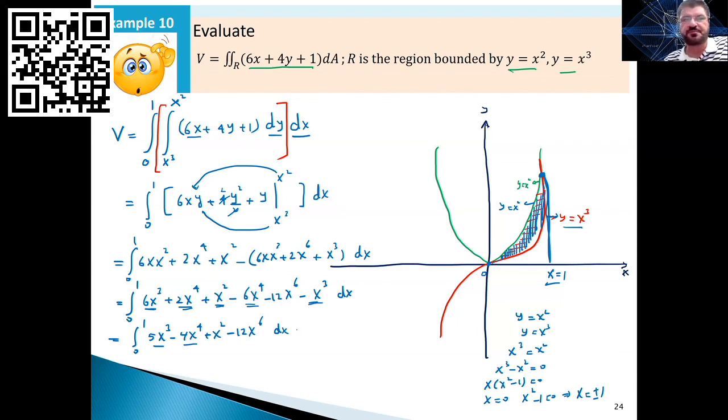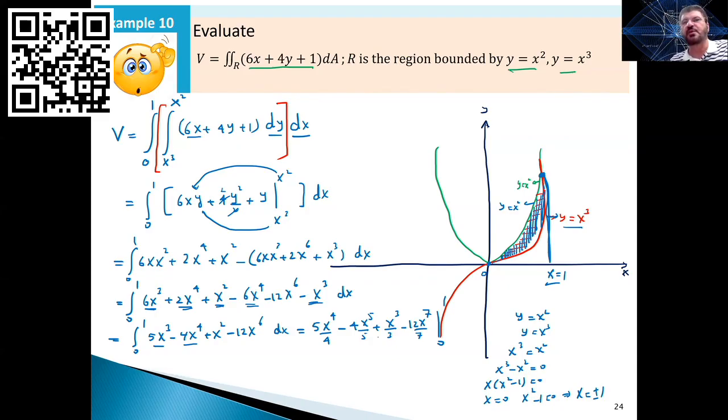Now we integrate. The integration of x cubed is 5x to the 4 over 4, minus the integration of this one, which is 4x to the 5 over 5, plus x cubed over 3, minus 12x to the 7 over 7.